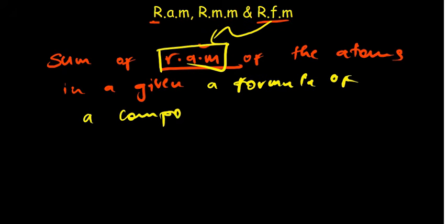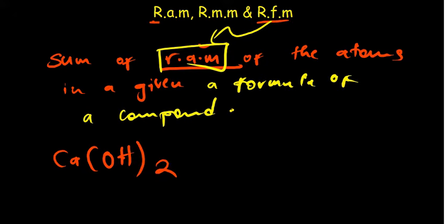So all the same. If I give you a formula, let's say calcium hydroxide, what you're going to find as a summation of the relative atomic masses of all these atoms is what we are calling the relative formula mass. So it will involve you recognizing and understanding the use of the subscripts. In this case, these two will multiply to everything inside.